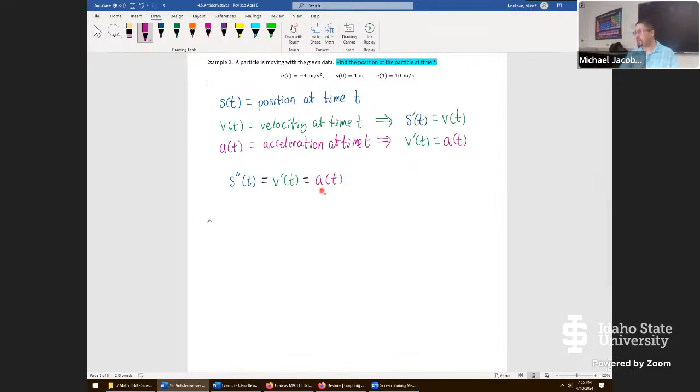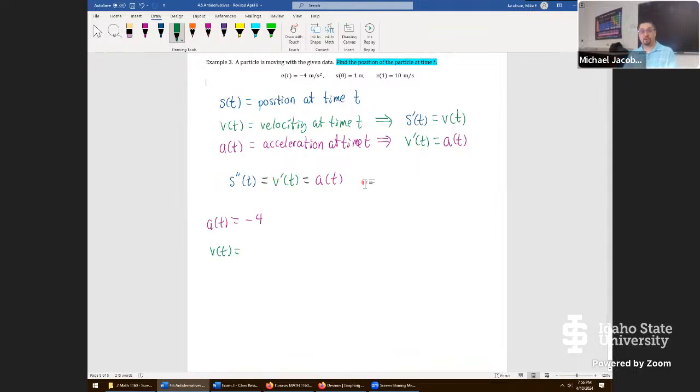We now are going to start with acceleration at time t is -4 meters per second squared and move backwards by 1. We need an antiderivative for this, and that gives us velocity. So over here, that's a constant, so it's not a bad antiderivative. What makes this problem kind of challenging is we just need to know the names of these functions and how they relate to each other.